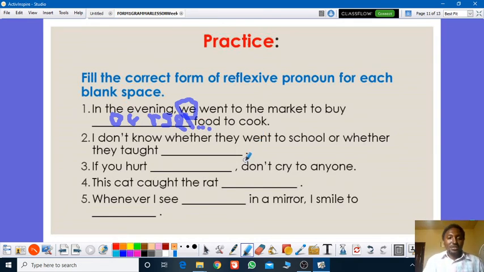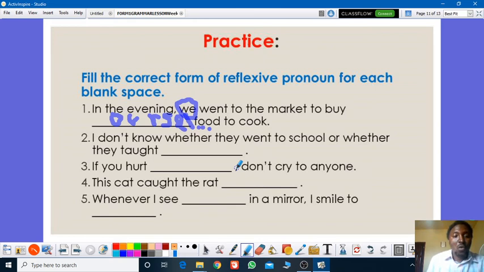Number two: I don't know whether they went to school or whether they taught themselves. Number three: If you hurt yourself, don't cry to anyone.